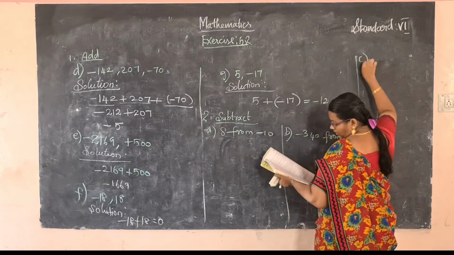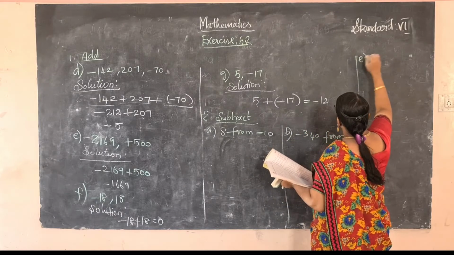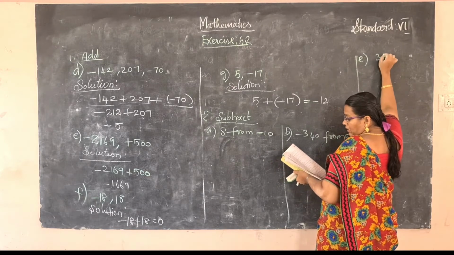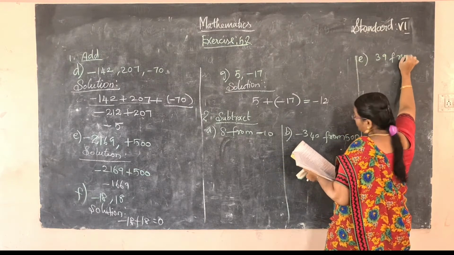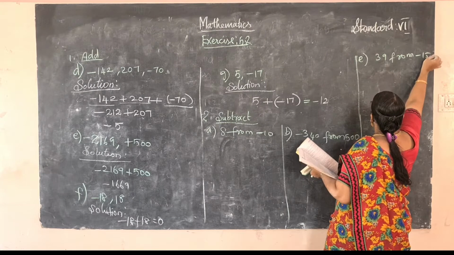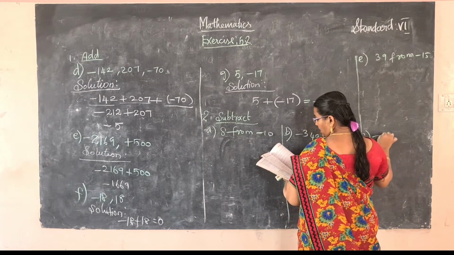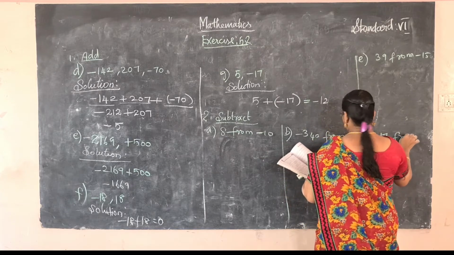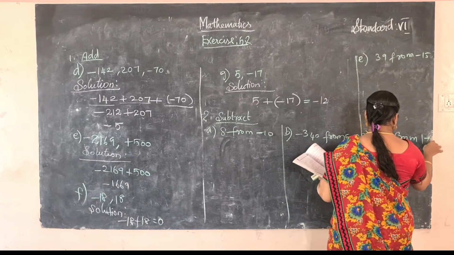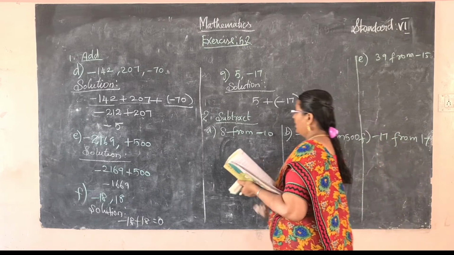And then E problem. C is homework: 39 from minus 15. And F problem: minus 17 from 17.